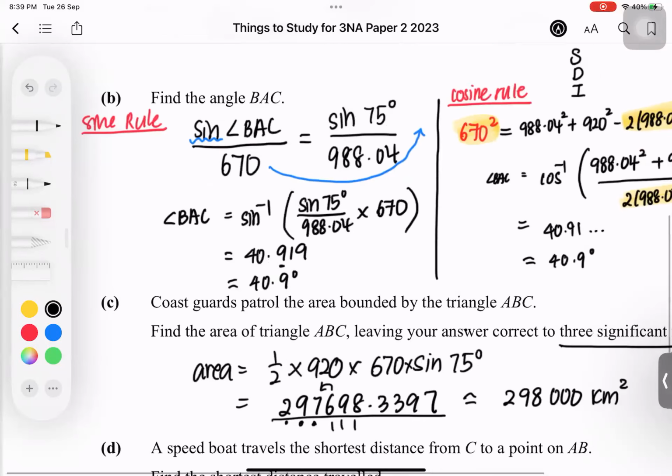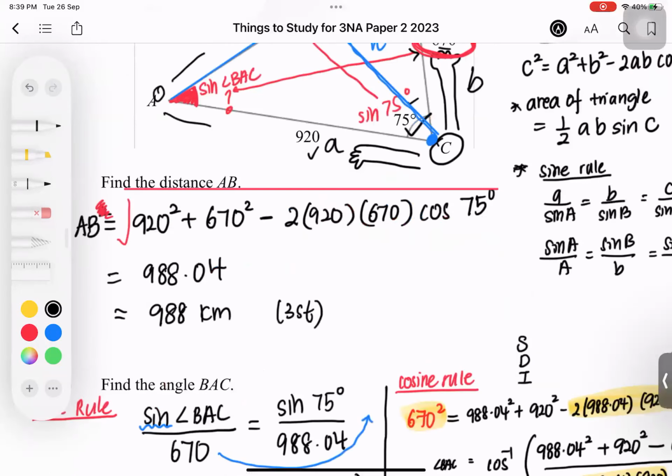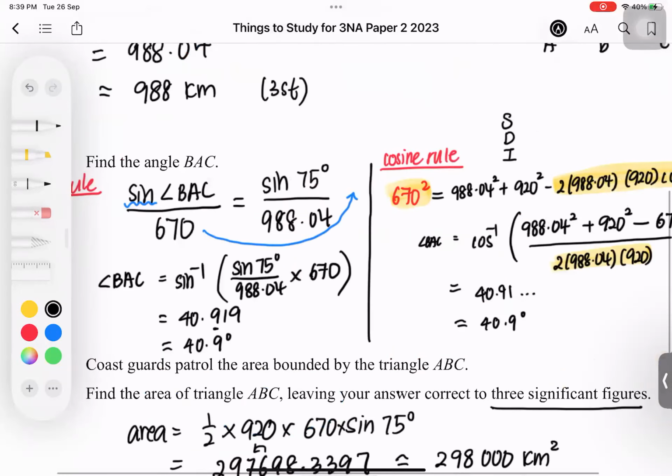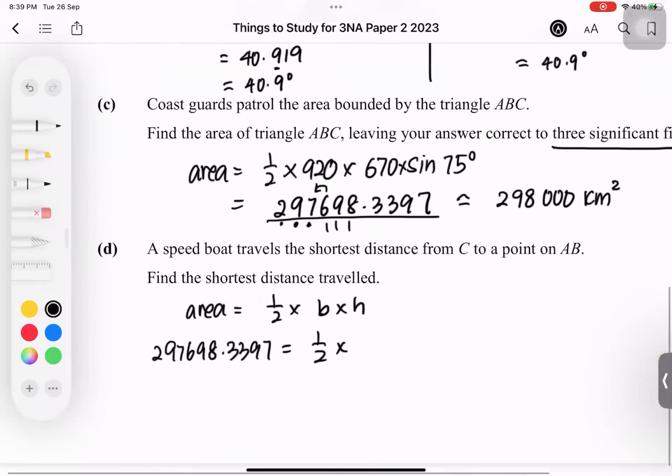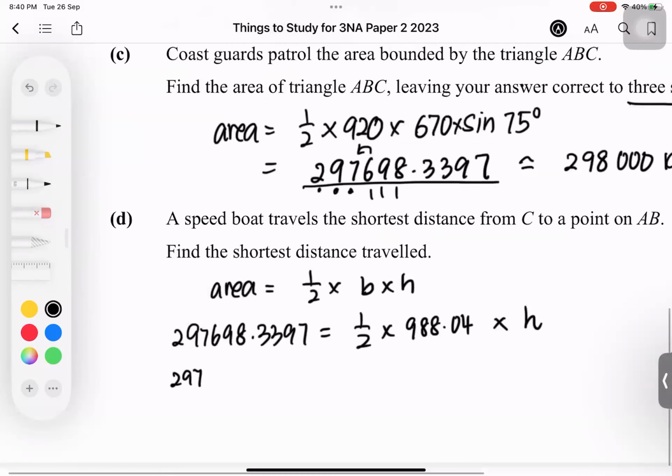What is our new base? 988.04 times the new height, which is the shortest distance that I want to find. So I take this whole thing times 2 divided by 988.04. Then you get your answer.